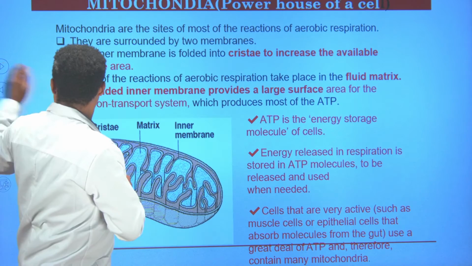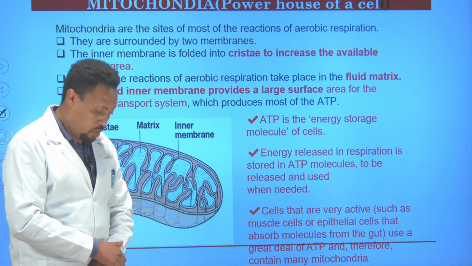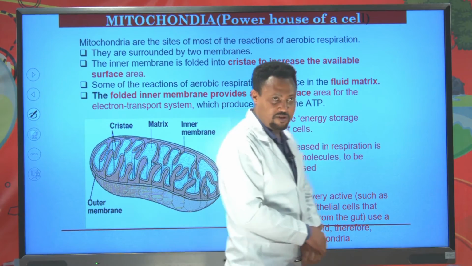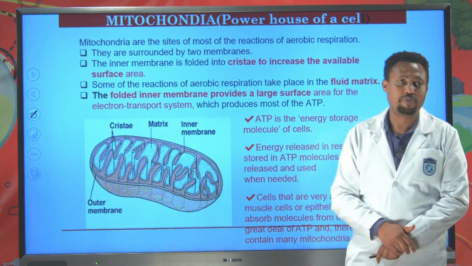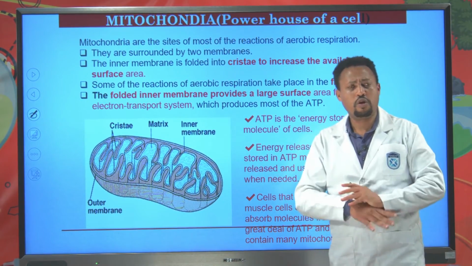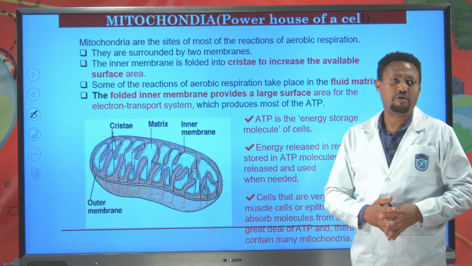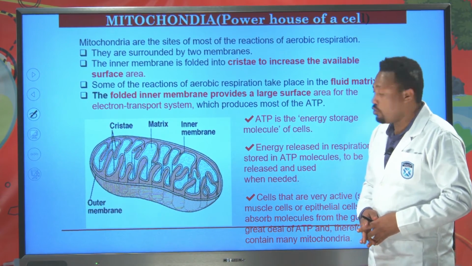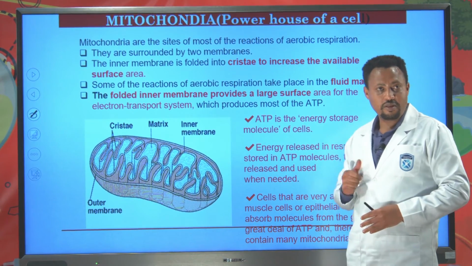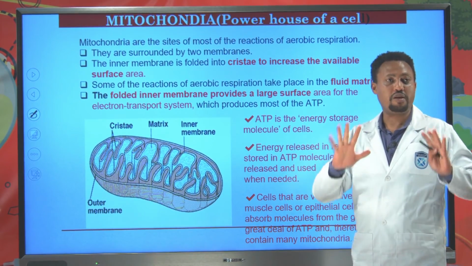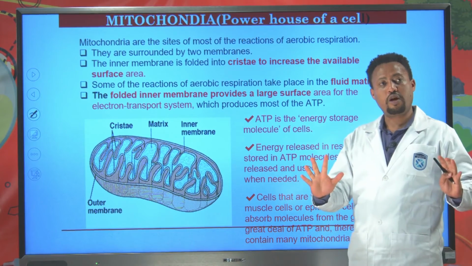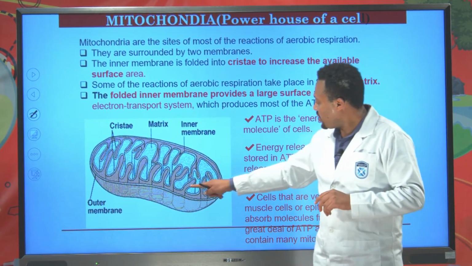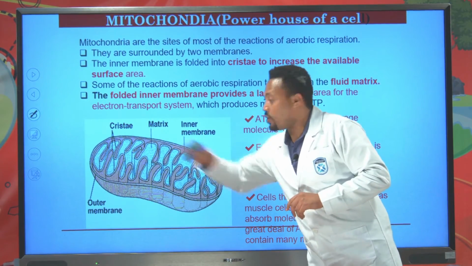Okay? We go to the other part of the cell called mitochondria. You find this very unique structure of the cell in the cytoplasm. There could be thousands or tens of thousands, depending on the metabolic activity of the cells. This mitochondria and also nucleus, they both have double membrane, so they are called double membrane organelles. The mitochondria, as you can see inside, is very highly folded, called cristae.